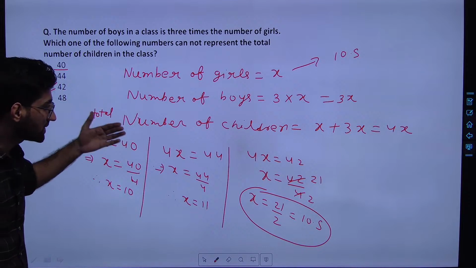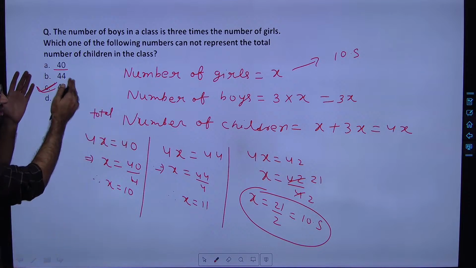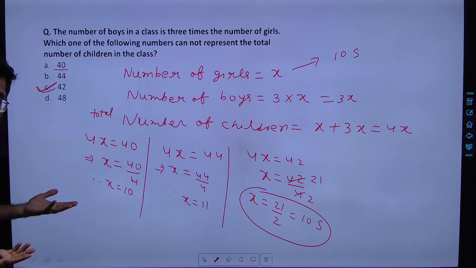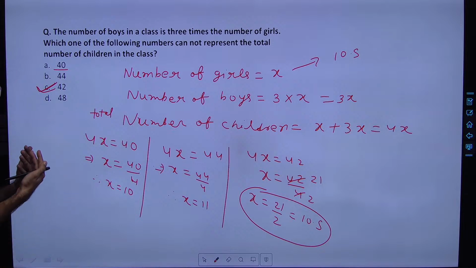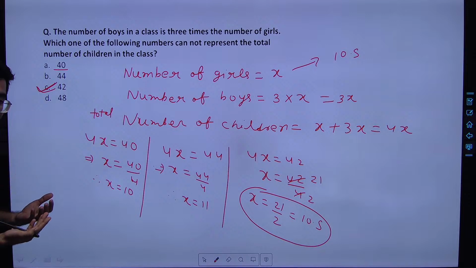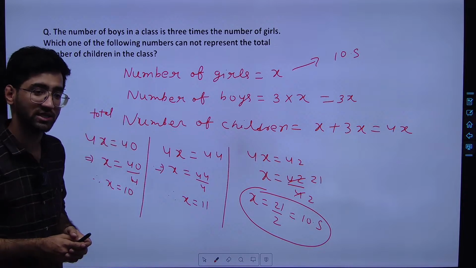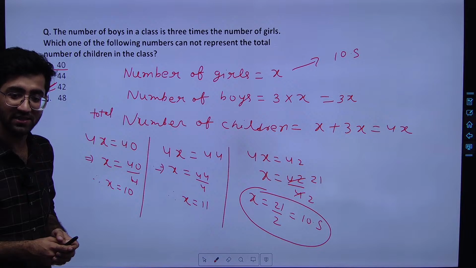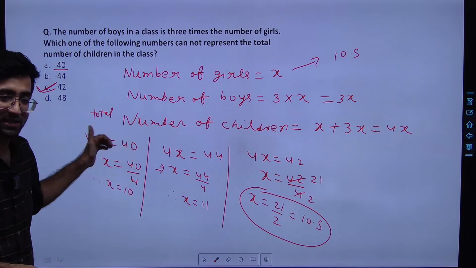So if you solve this kind of question, tell me, is this question really difficult? No, we haven't solved this kind of question earlier. Or even if we have solved this kind of question earlier, we haven't tried to develop our basics, that is, how to approach this kind of question, right? Okay, any doubt in this question?